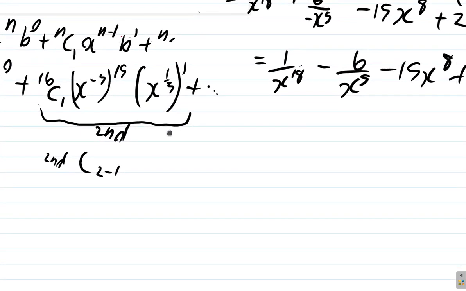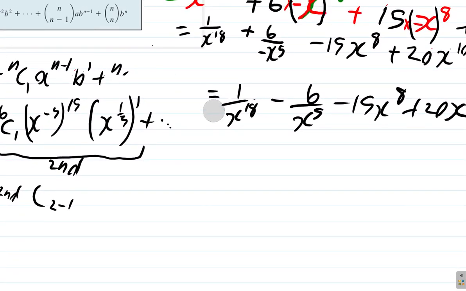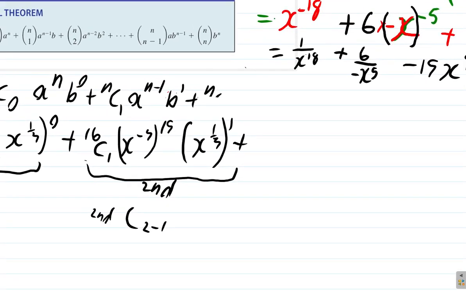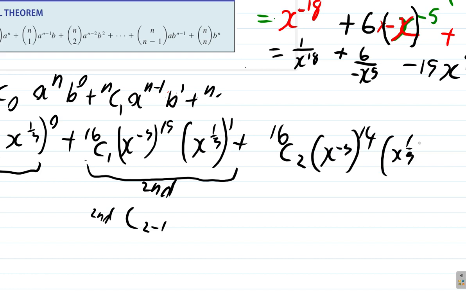In fact, let's write the third term because we will be able to see the pattern easier. The third one would be plus 16 C 2, x to the negative 3 to the 14, x to the 1/3 to the power of 2. Alright, so this is our third term.